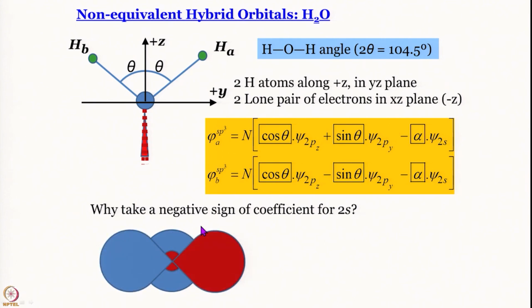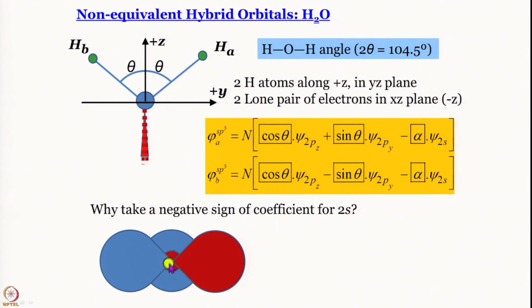The problem is this, now I am going to mix it with a p orbital, and if you remember our discussion of why the nucleus is in the minor lobe of hybrid orbitals, you can understand that the sign of the inner lobe is actually the sign of the minor lobe.